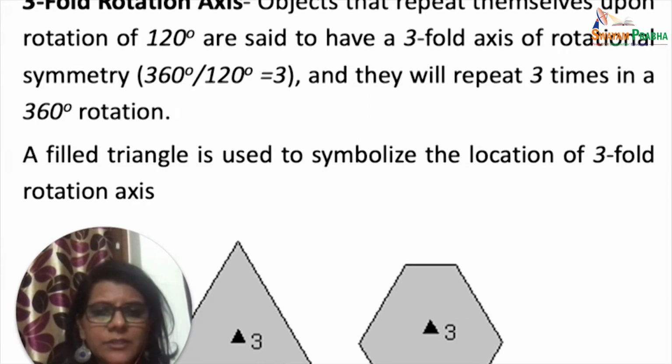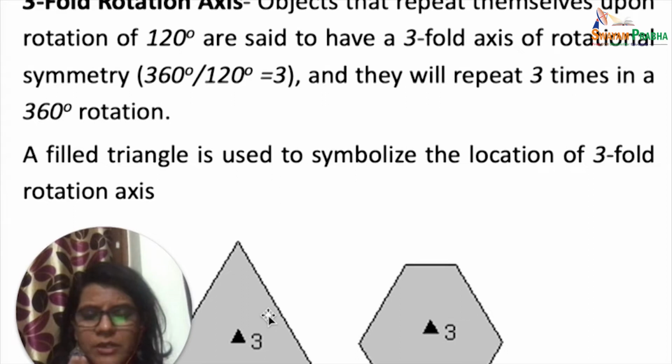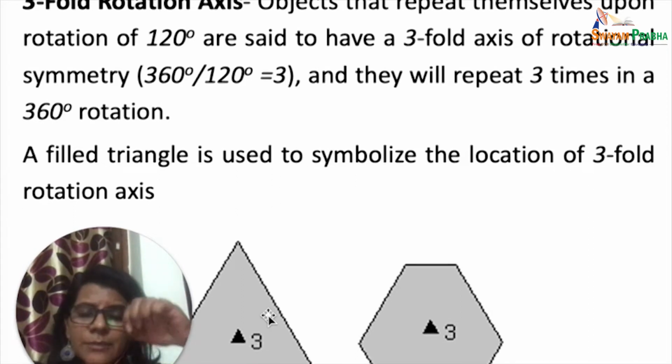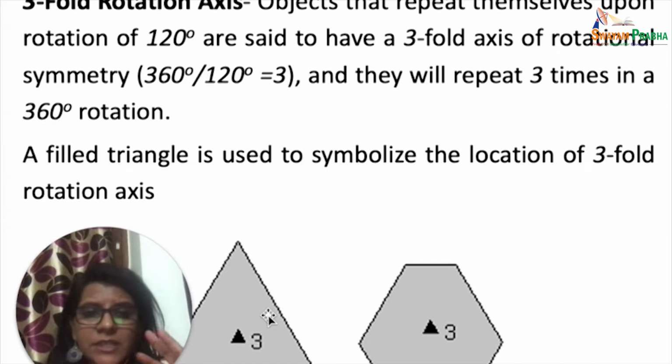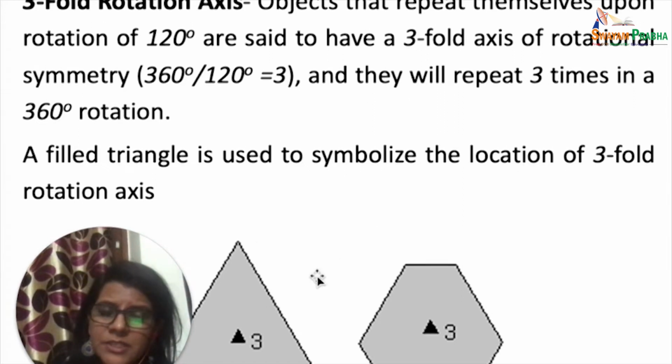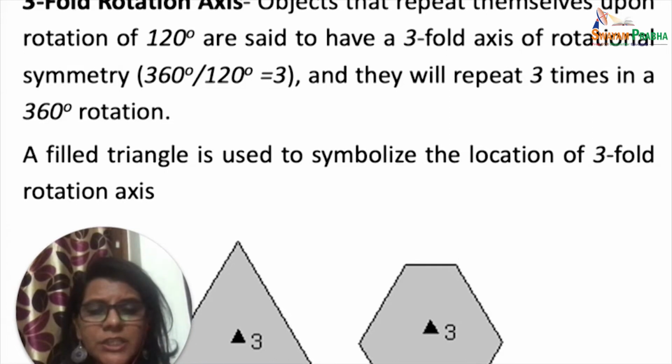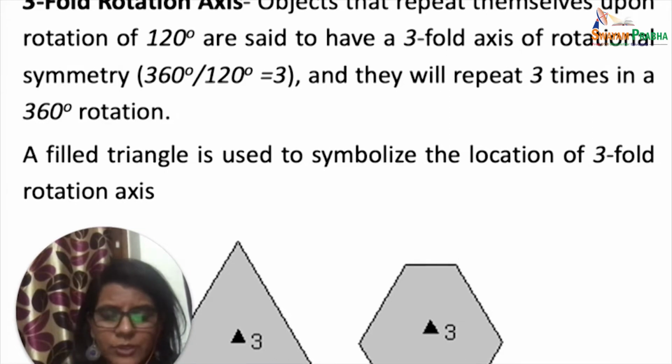If I get the same identical structure for rotation around an imaginary line passing through the structure after every 120 degrees, or thrice in a 360-degree complete rotation, then it is said to have a threefold axis of rotation, or threefold rotational axis.